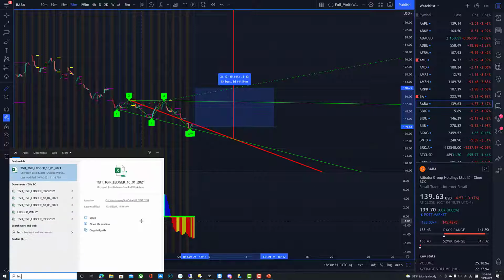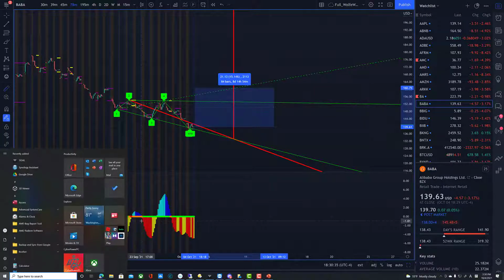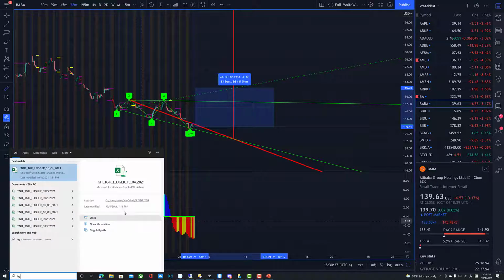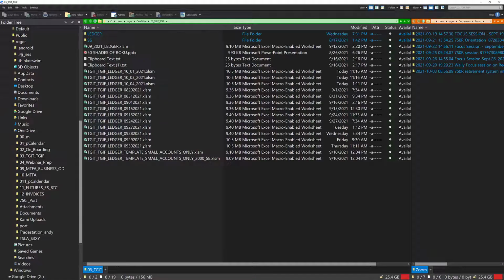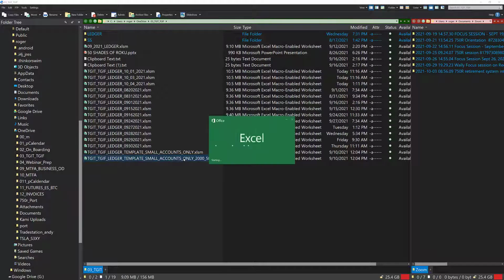So then you go ahead and use this ledger here that I've created. Where's that ledger? This one here called small accounts. Let's click on that.